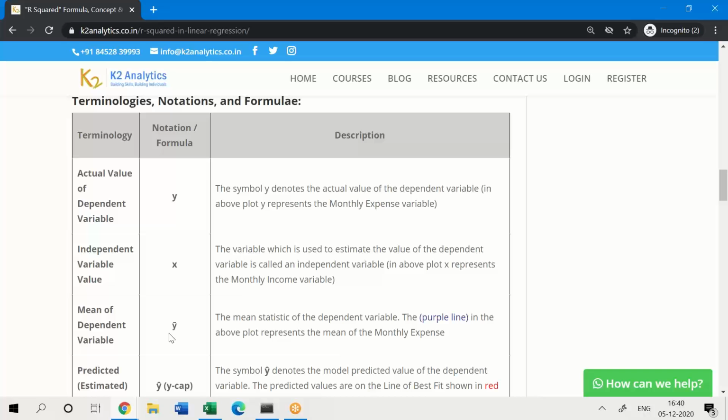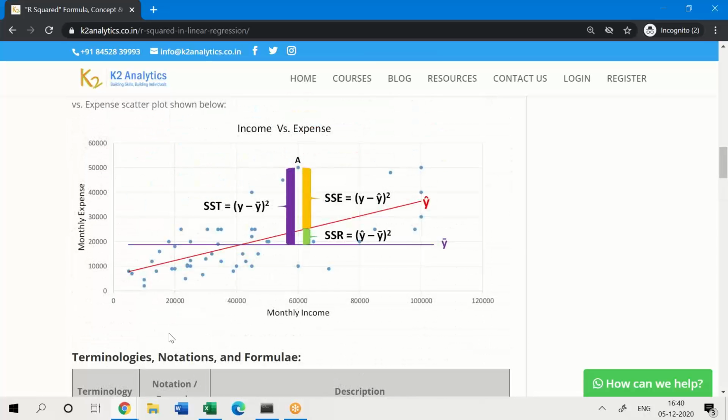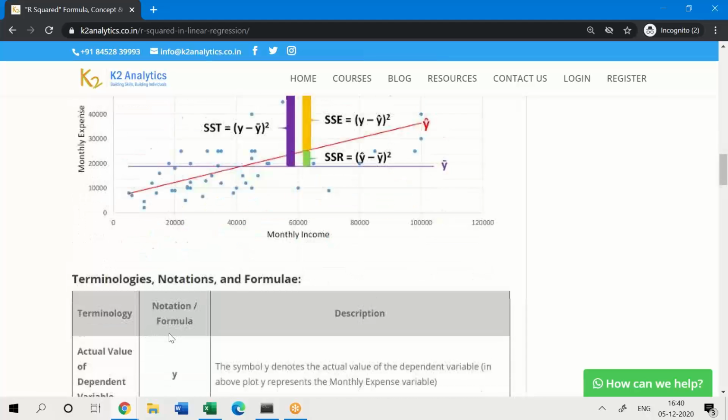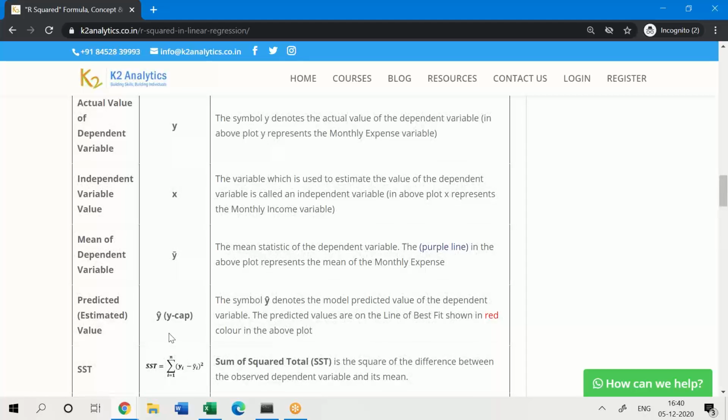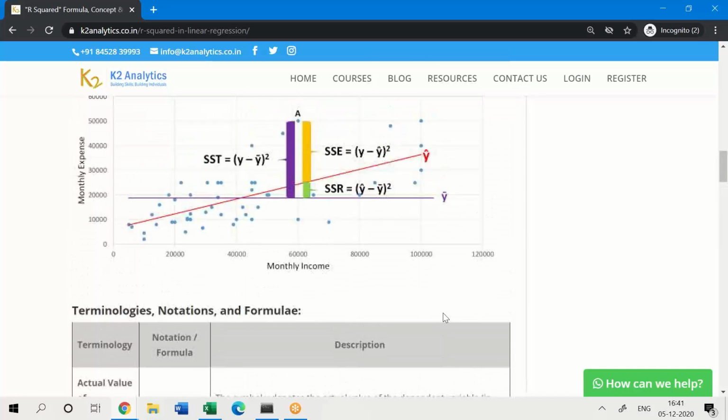The mean is shown by y bar, the purple line in the above plot. Y cap or y hat is the estimated value based on the model, represented by the line of best fit, shown in red color in the plot.